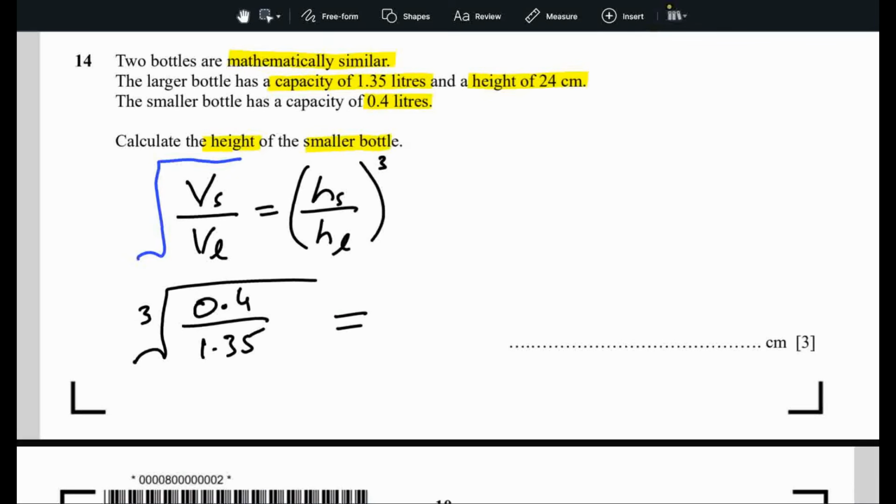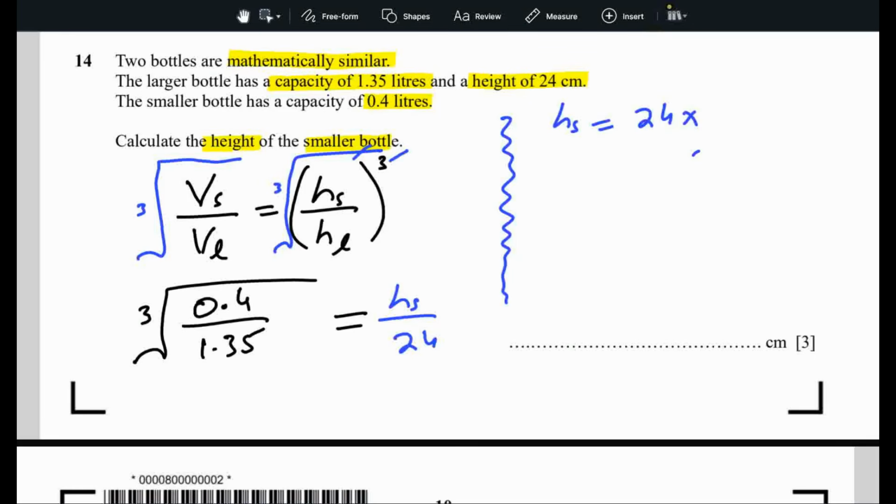Basically, when we take cube root, it will cancel out the cube. So height of the smaller bottle, we don't know. Height of the larger bottle is 24. So if we rearrange it, height of the smaller bottle will be equals to 24 multiplied by cube root of 0.4 divided by 1.35.